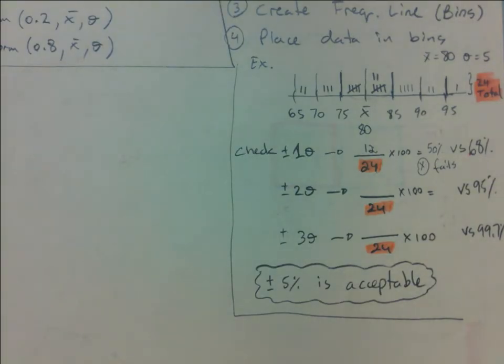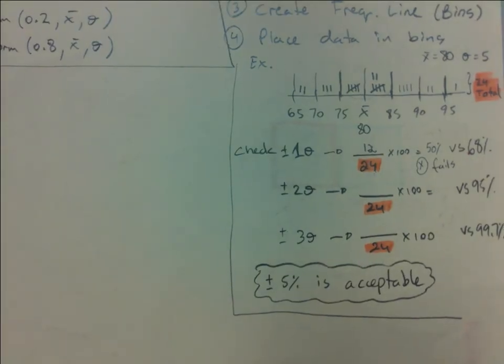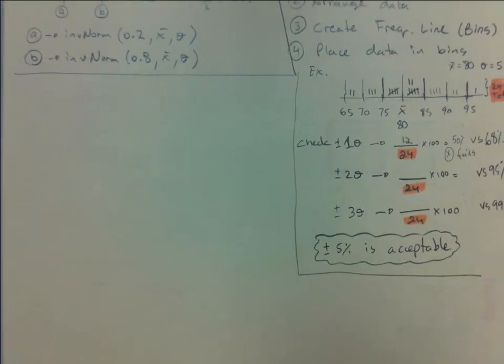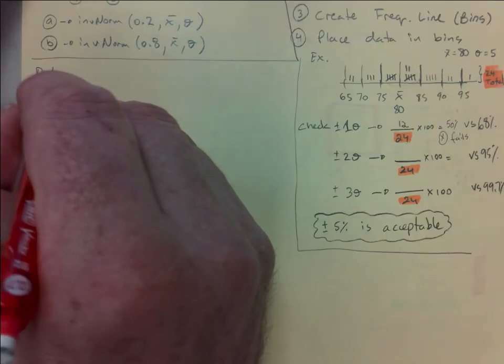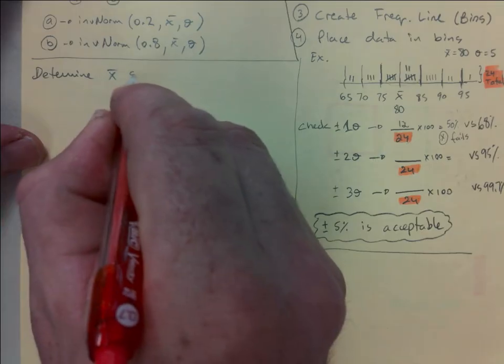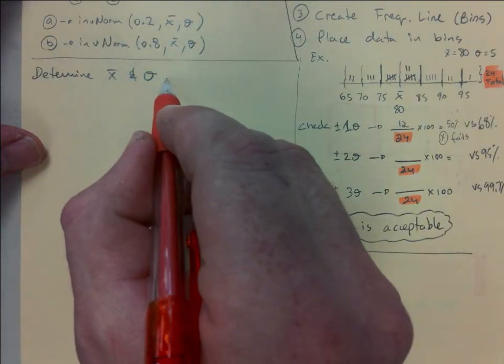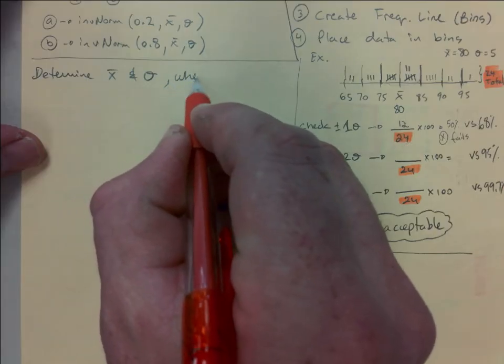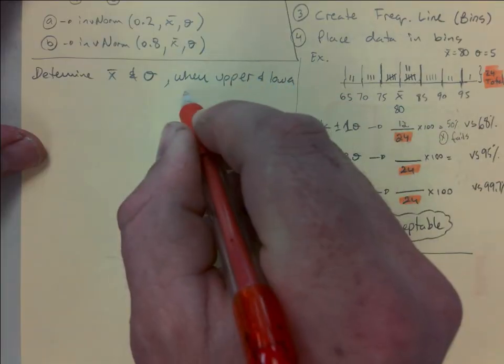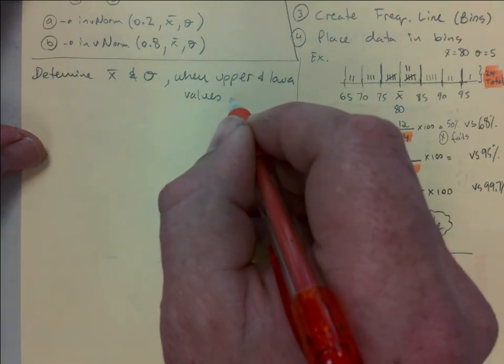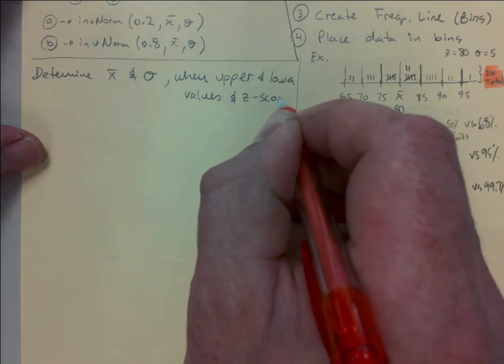And then I want to just add the 2 formulas that I gave you today: finding the mean and the standard deviation without the TI-84. I know I'm going a little fast, but I'm going to title it: determine mean and standard deviation when upper and lower values and z-scores are given.